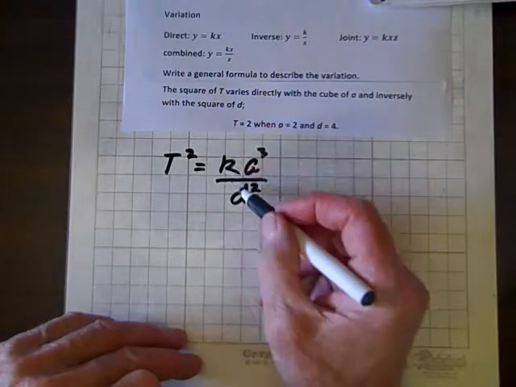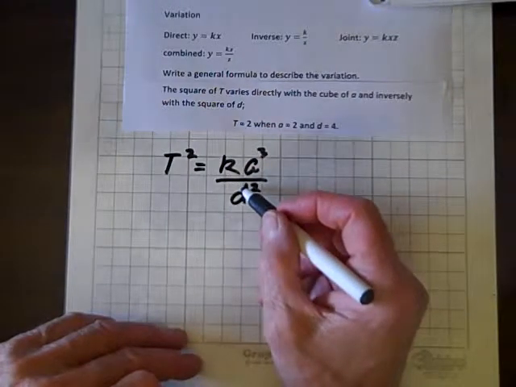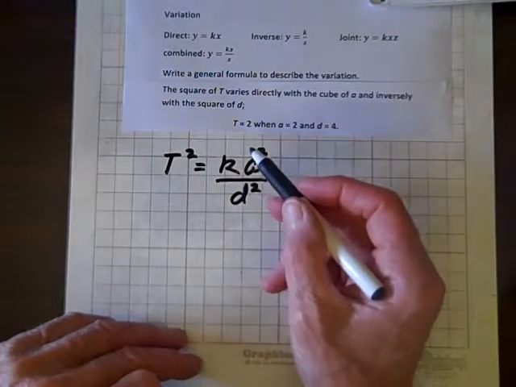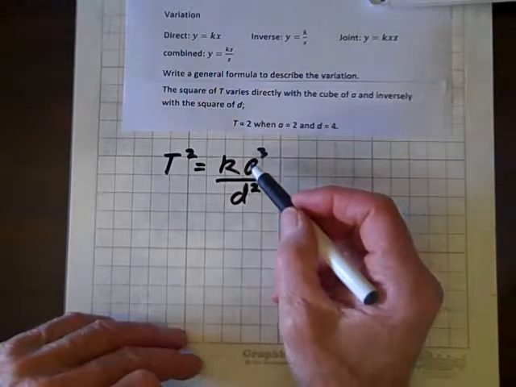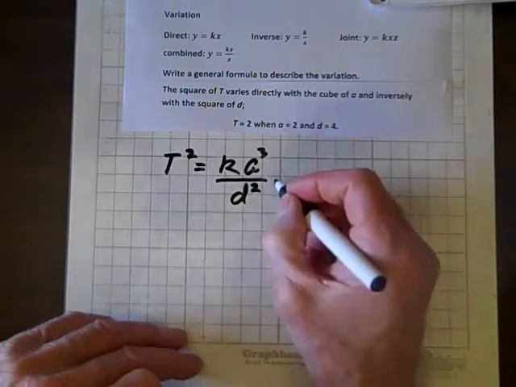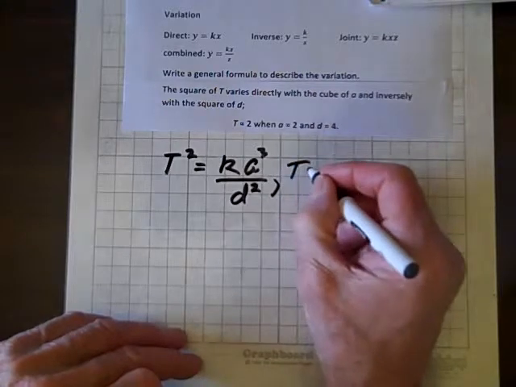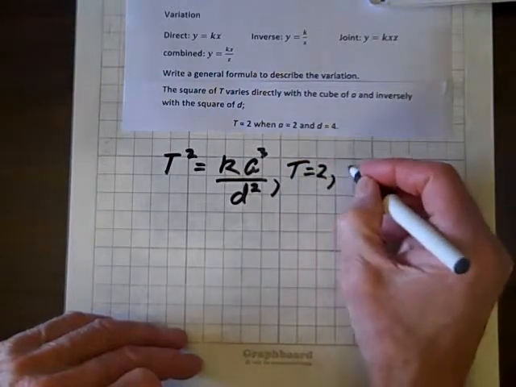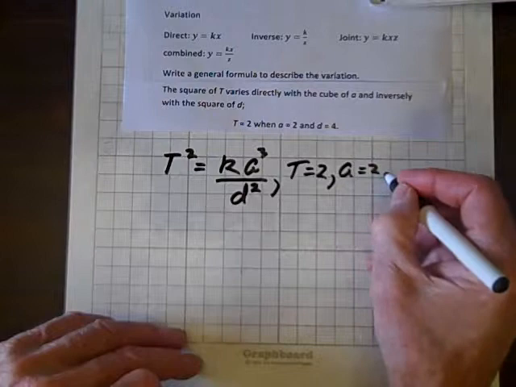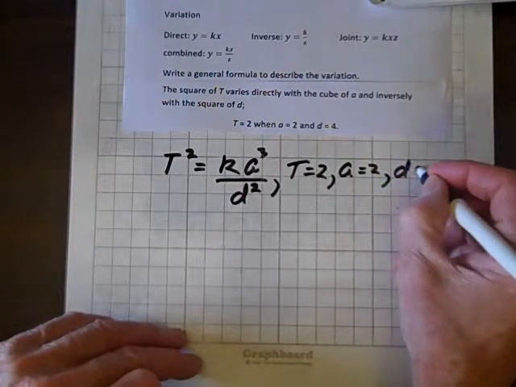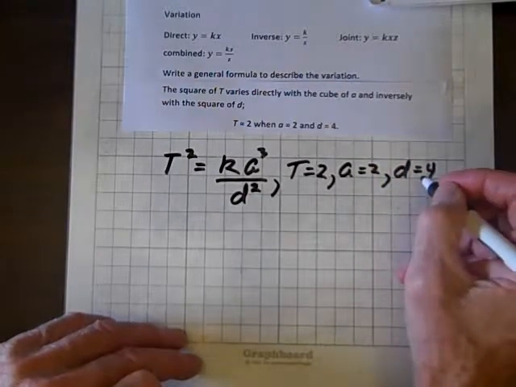Now, this is a form of combined variation. We combined direct variation with inverse variation. Now, t equals 2 when a equals 2 and d equals 4.